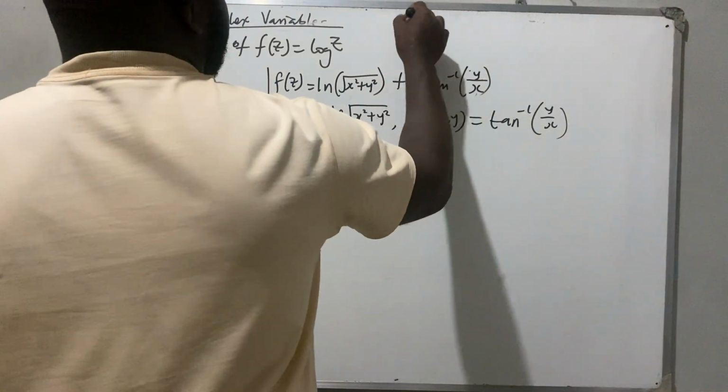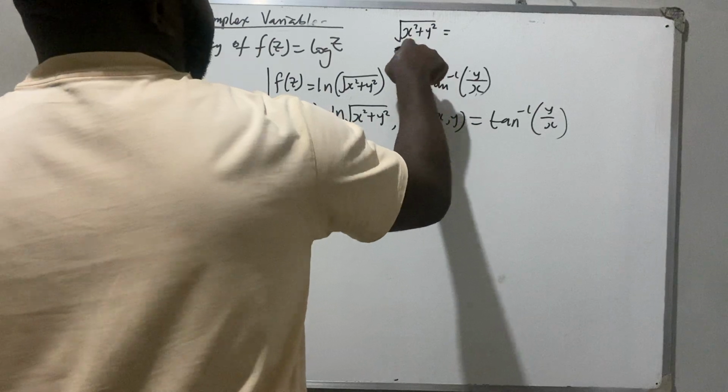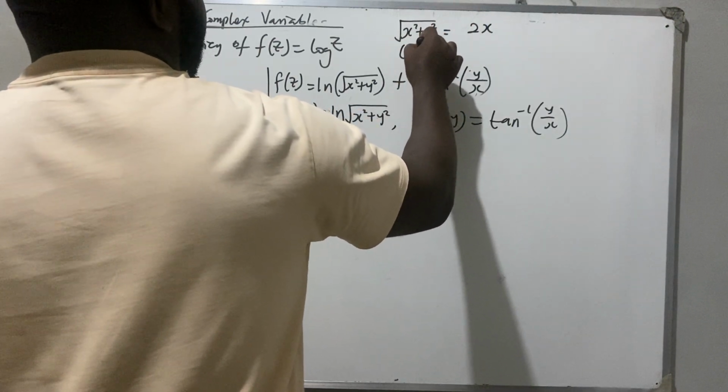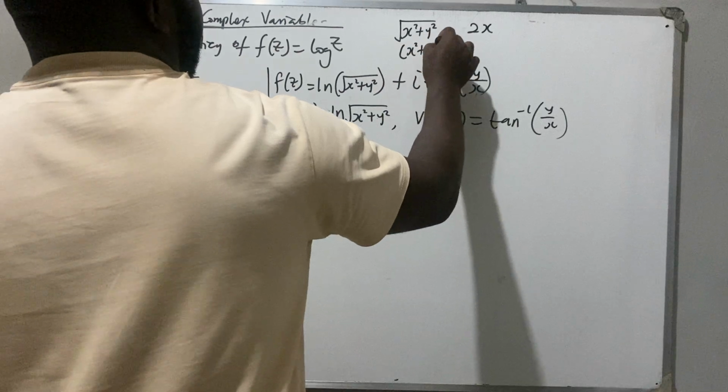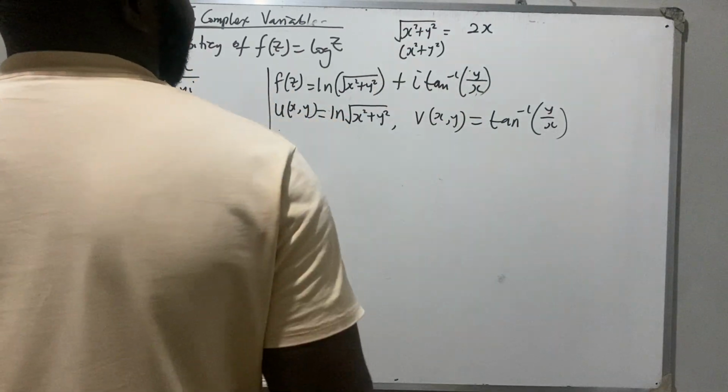And the differentiation of the root of x squared plus y squared is: differentiate the inside, which is 2x. Differentiate something that is raised to the power half: multiply by the half and remove 1 from the half.